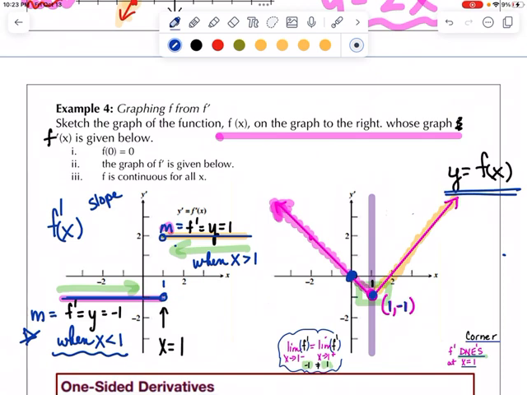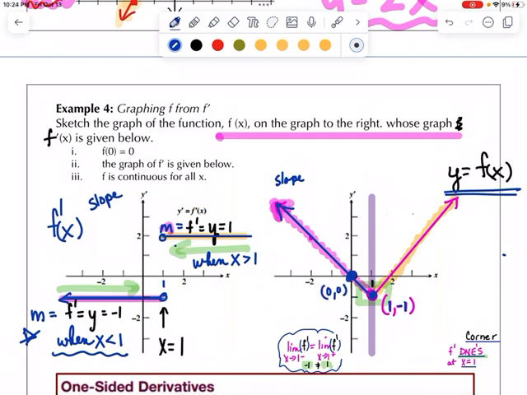It says that f of x has to be continuous. So as we are coming down on this left-hand side, you see where I have it highlighted pink? That's the same as the left-hand side over here in terms of slope, negative 1. So all I have to do is graph the slope of negative 1 that goes through the origin, f of 0 equals 0.